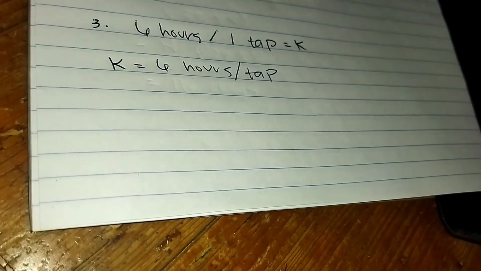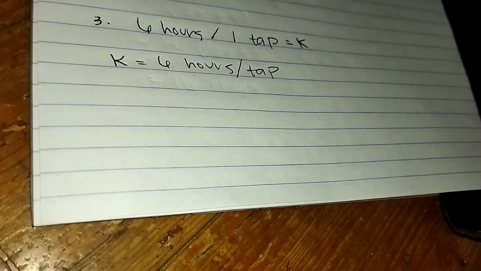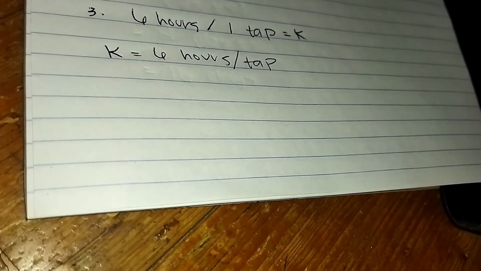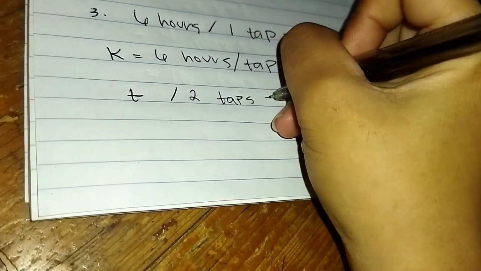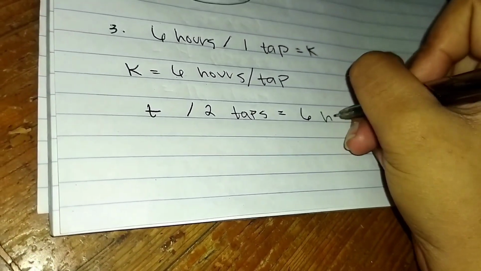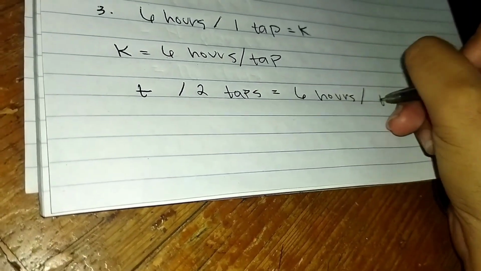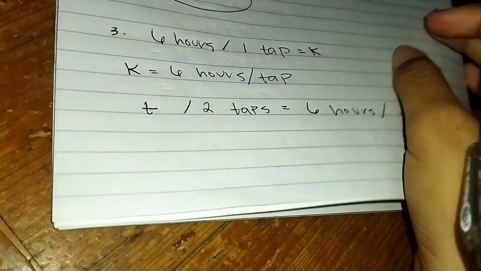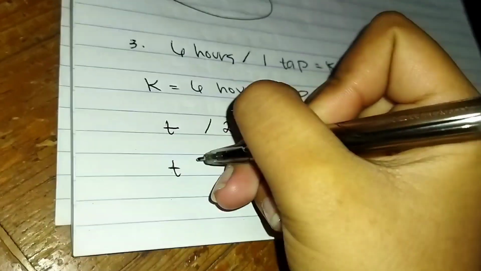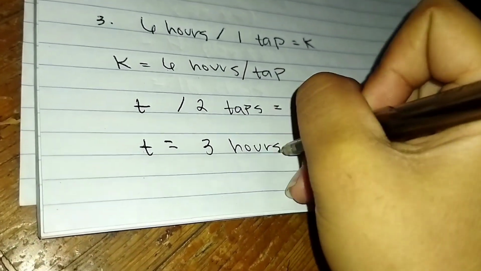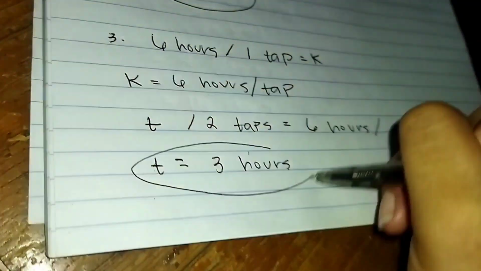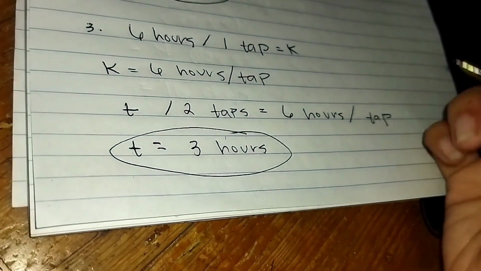To find the time it takes to fill the tank with 2 taps working together, we can use the same concept of proportionality. Time to fill by 2 taps is equal to 6 hours divided by 2 taps. Time to fill will be 3 hours. Therefore, it will take 3 hours to fill the tank with 2 taps working together.